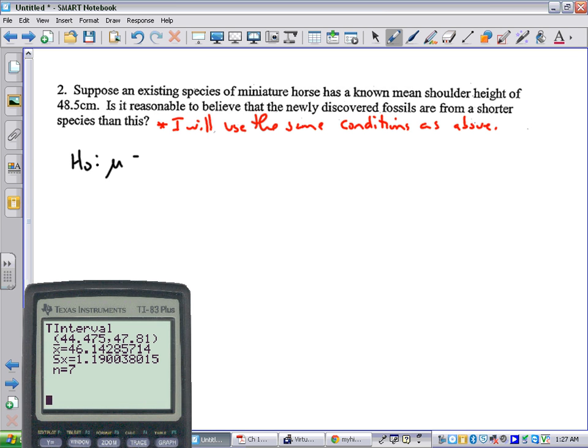H0, mu is 48.5. HA, mu is less than 48.5. And I need to define my mu because this is a big deal. There's 2 different species of horse.